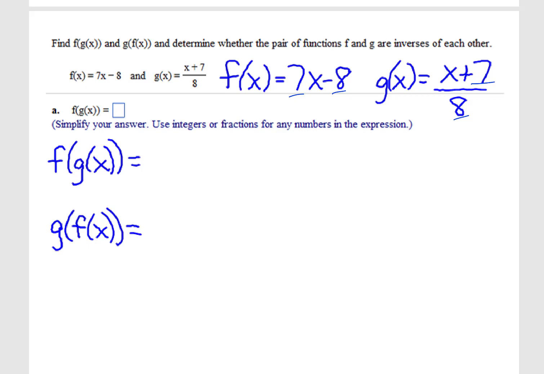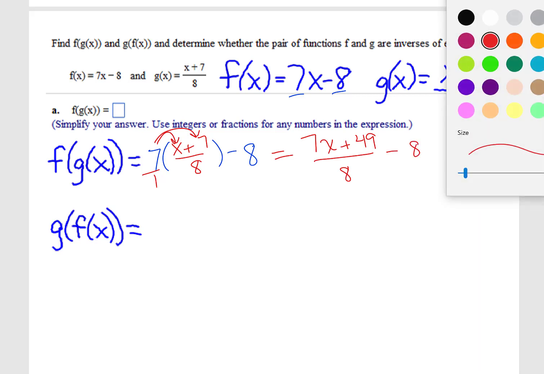All right, so 7 times x minus 8. My x in this case will be my g of x, which is x plus 7 over 8. So this would distribute out. I would have 7x plus 49 over 8 minus 8.